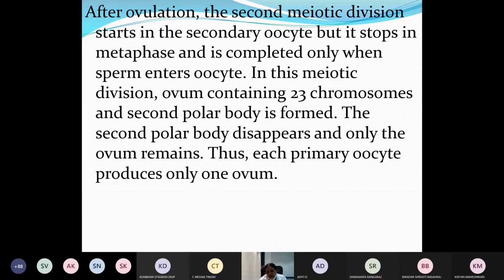In this meiotic division, the ovum containing 23 chromosomes and the second polar body are formed.